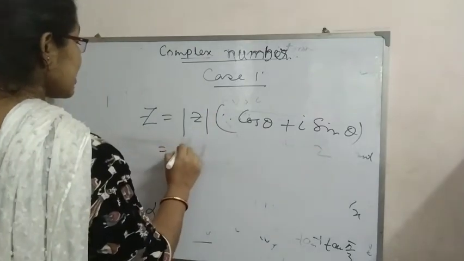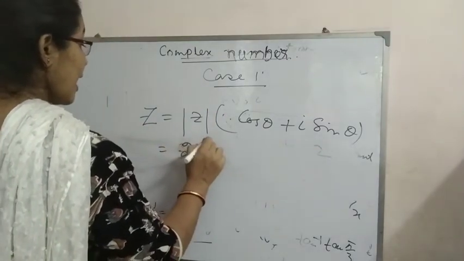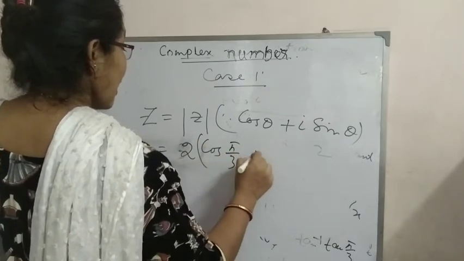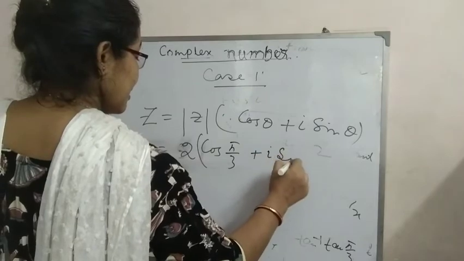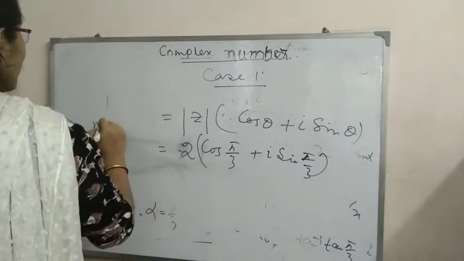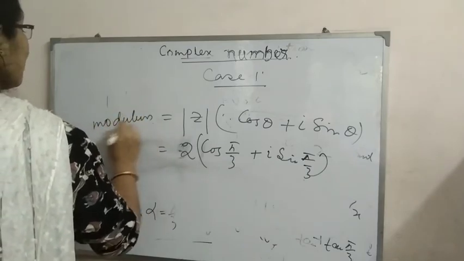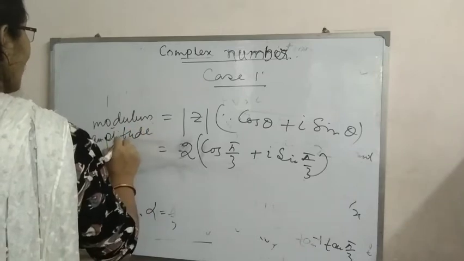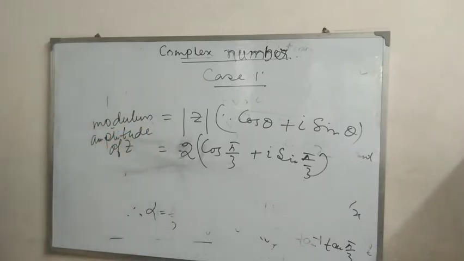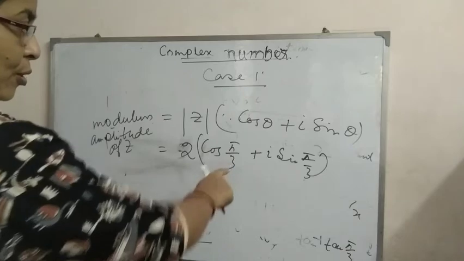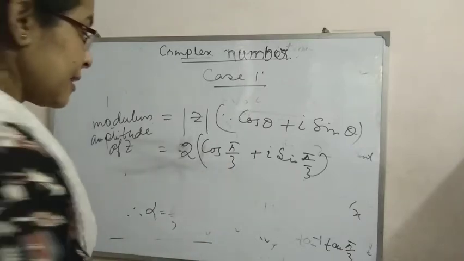Here mod z equal to 2, so this is 2 times cos pi by 3 plus i sin pi by 3. This is the modulus-amplitude form of z, equal to mod z cos theta plus i sin theta, where mod z equal to 2 and theta equal to pi by 3.